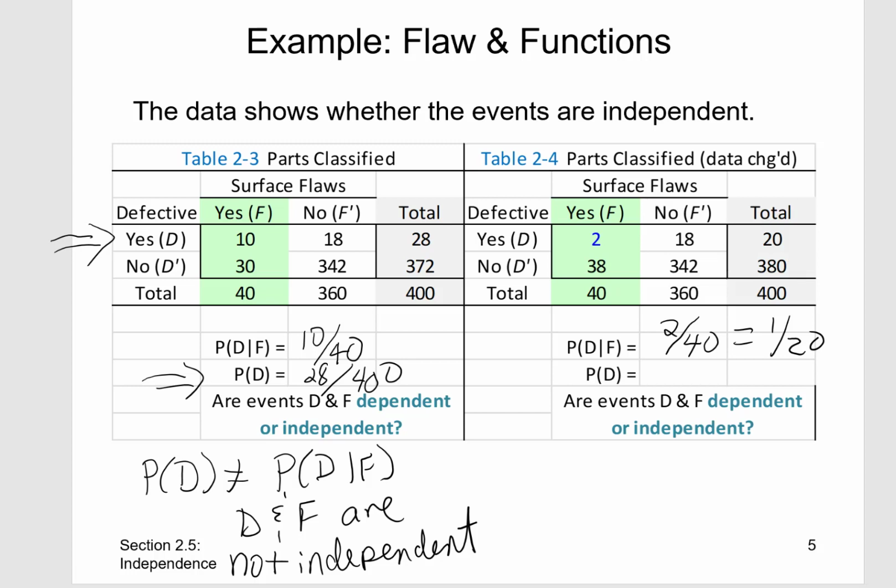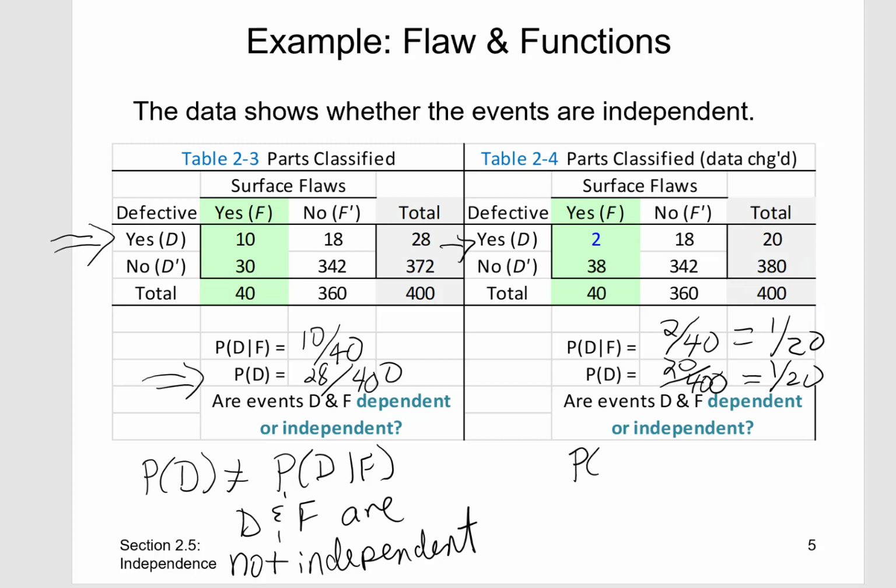Now let's look at the probability of being defective. Now we're back in the full sample space of 400, and 20 out of the 400. Well, once again, this equals 1 out of 20.